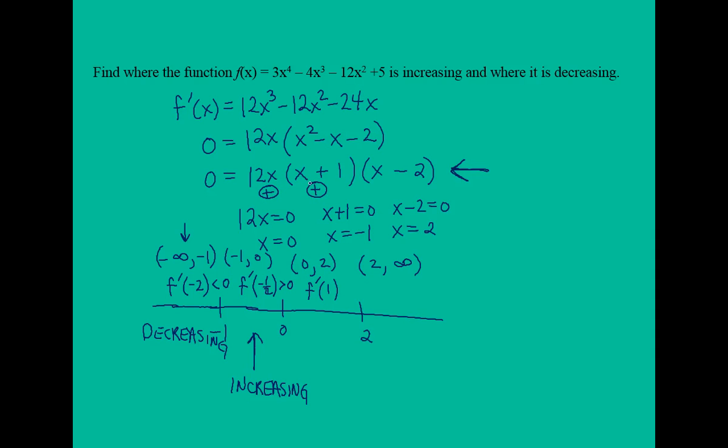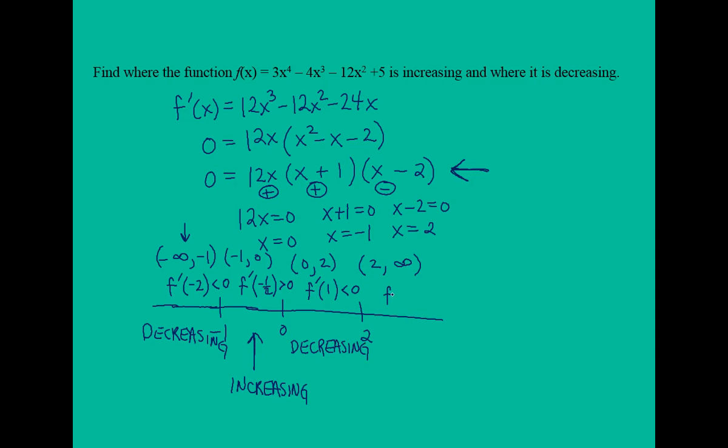And then if we plugged 1 in for x in the last factor, we would get -1. So we would get a negative value. So a positive times a negative gives us a negative value. So we are decreasing on this interval.